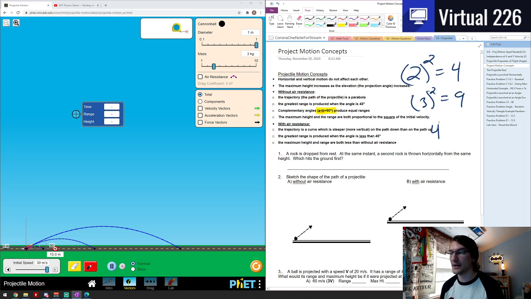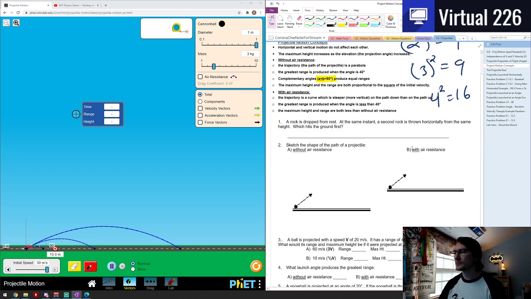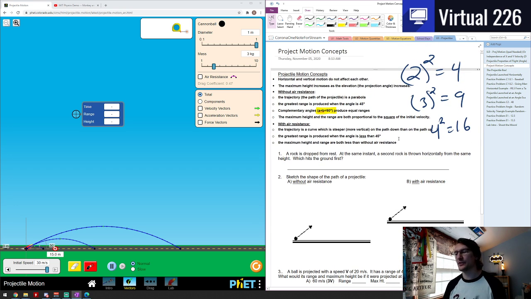And if you went 4 times as much, you went 16 times as far and 16 times as high. So increasing your velocity a little bit will actually give you a square ratio in which you move out from that. So that's something to keep in mind as well. It's the squares that matter, okay? Now, those are the big things that we need to remember when talking about projectile motion concepts.